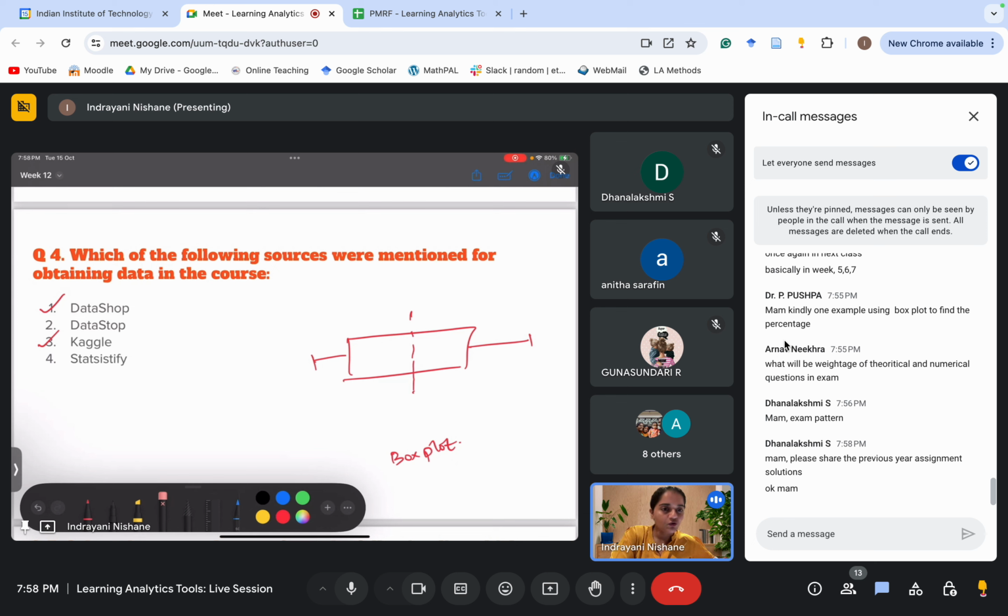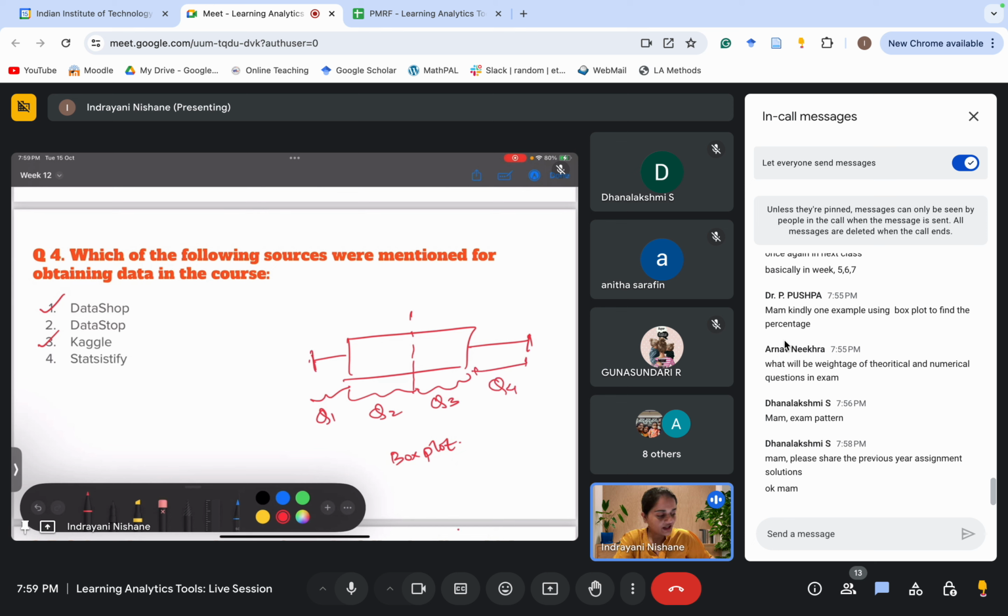Yeah. So now coming to box plot. This is how the box plot looks. How we make the box plot is, we depict the distribution. So this is first quartile, this is second quartile, this is third quartile, and this is fourth quartile.